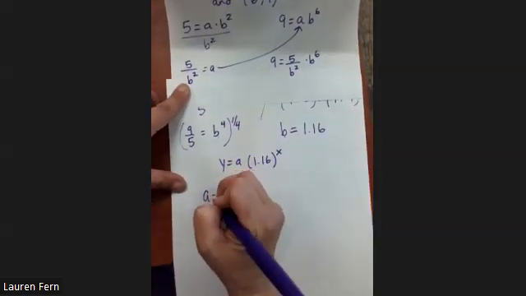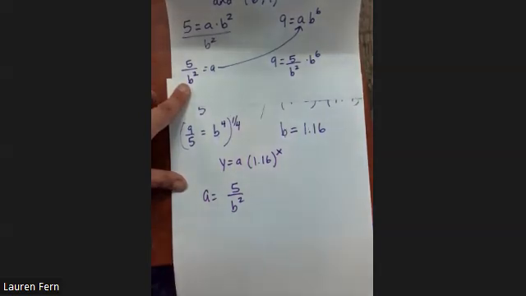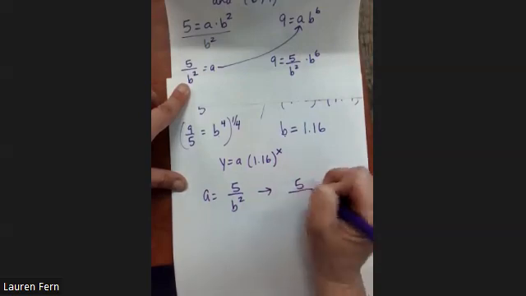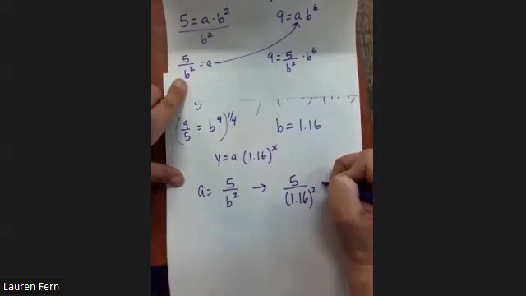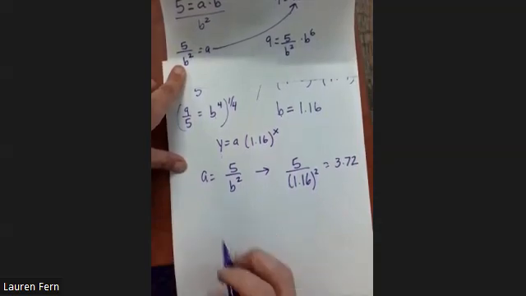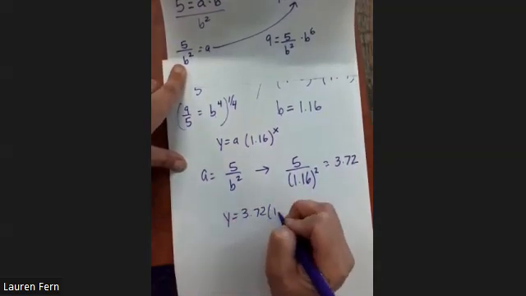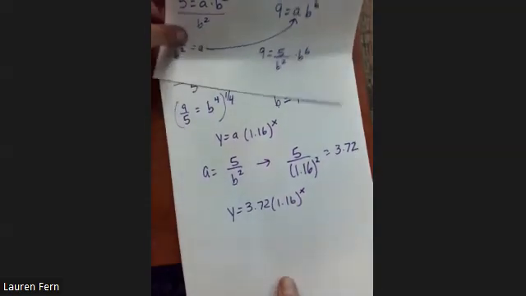Don't we know that a is 5 over b squared? So 5 divided by 1.16 squared. And that's about 3.72. And there's our function.